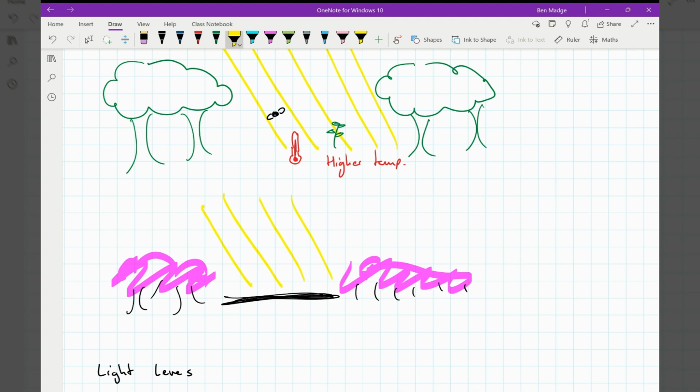That's going to warm up really quickly, and that's really beneficial for things like developing eggs of reptiles or basking reptiles. Things like sand lizards or adders would all benefit from that increase in temperature.